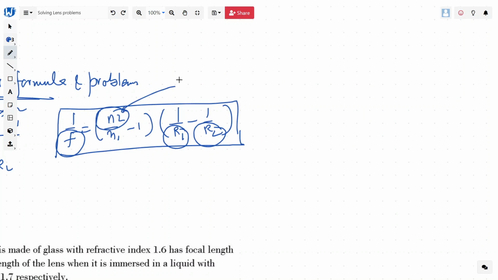The first thing is the focal length of the lens depends upon the refractive index of the lens itself.